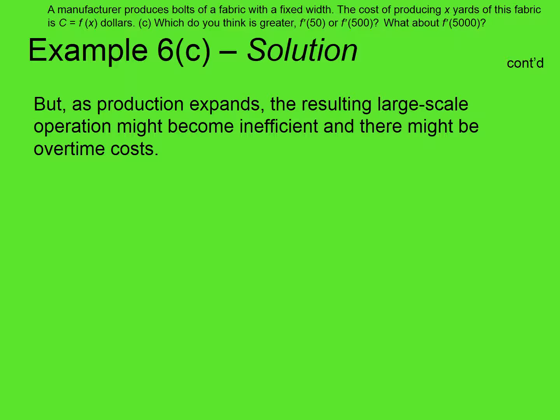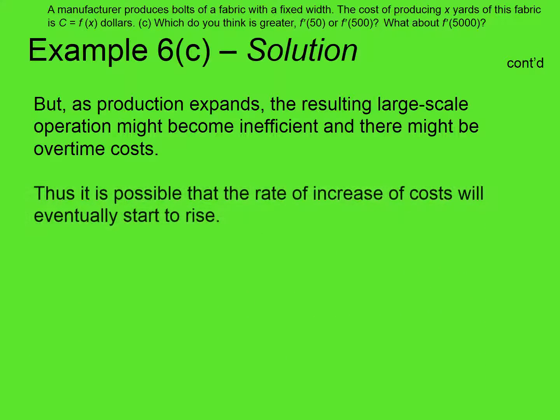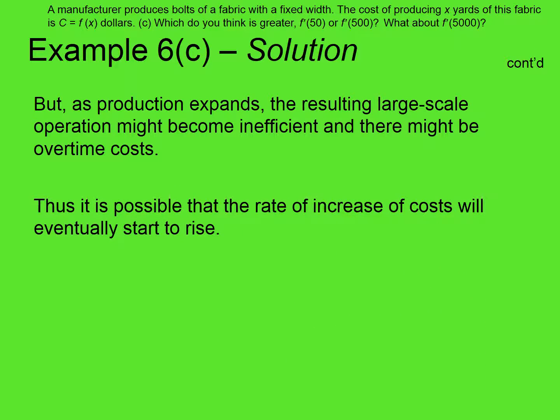What about f prime of 5,000? As production expands, the resulting large-scale operation might become inefficient and there might be overtime costs. Now, that's just a might be. If you said that you thought f prime of 5,000 is greater than f prime of 500, it would be hard to argue that.